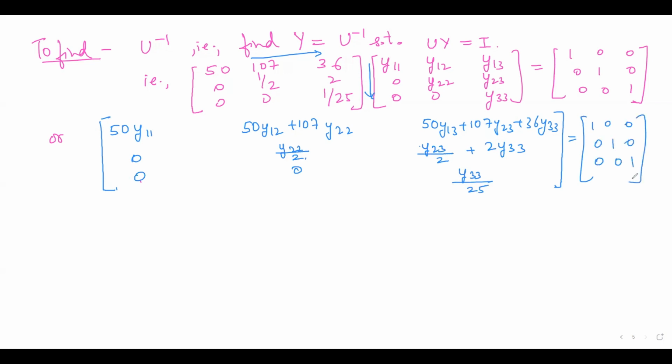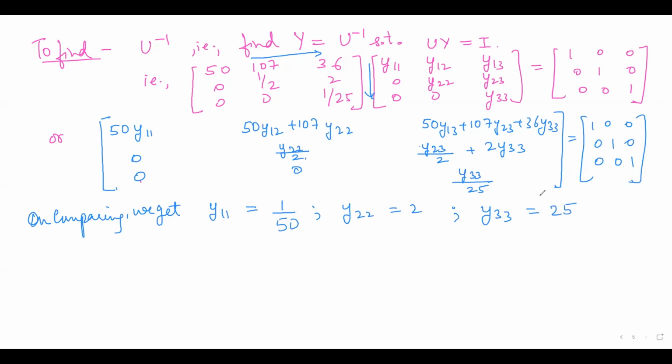And on comparing, we get the values. So y11 is coming out to be 1 upon 50, y22 is coming out to be 2, y33 is coming out to be 25. So this is easy.